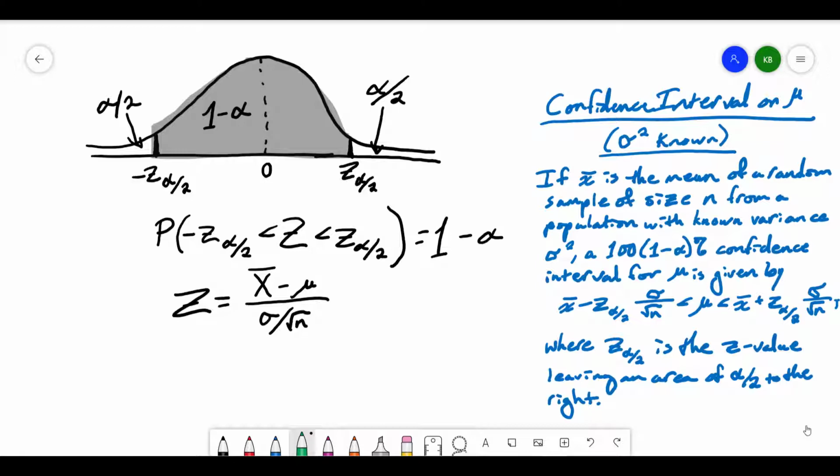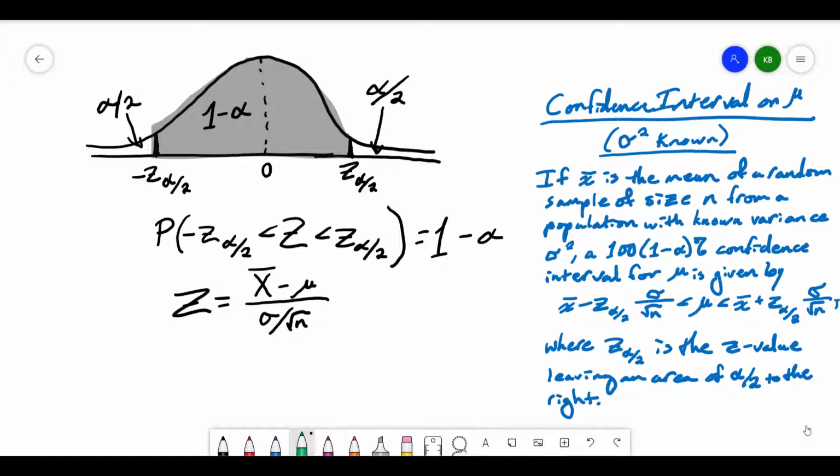Now, this is equivalent to saying I want to find the z value where the area to the left of it is alpha divided by 2. I'm going to denote that as negative z sub alpha divided by 2. And to find the z value, that'll be the positive version of that, where the area to the right will be alpha divided by 2.